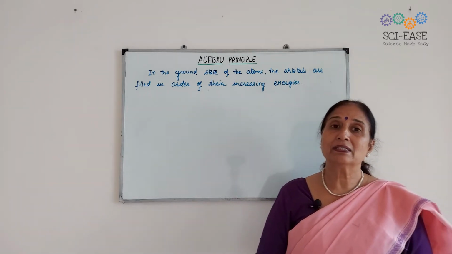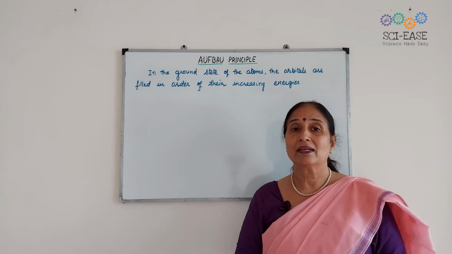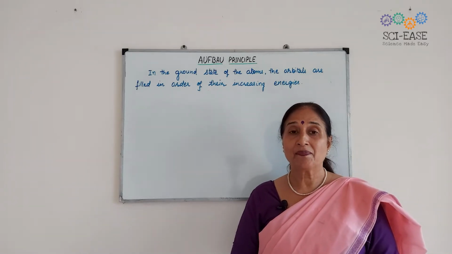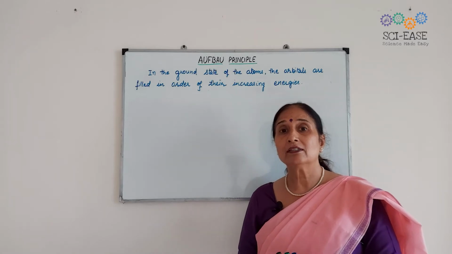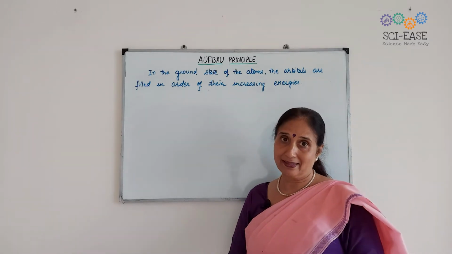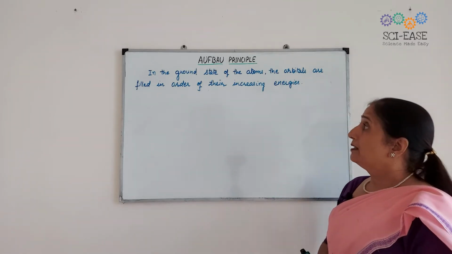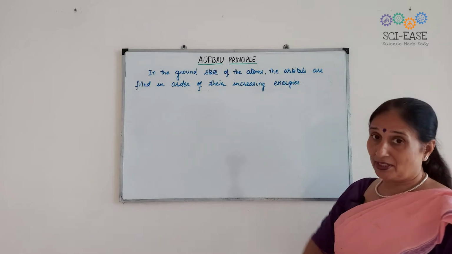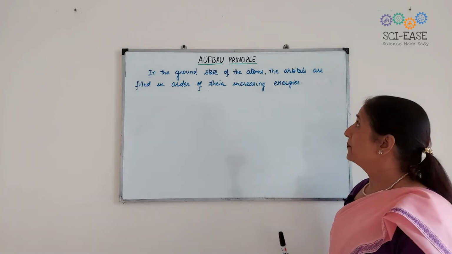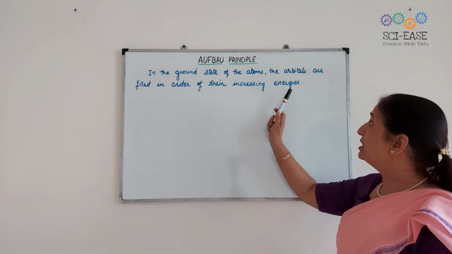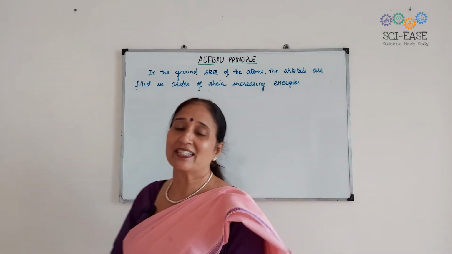The Aufbau principle tells us about the filling of the electrons, how the filling of the electrons takes place in the orbitals. In the ground state of the atoms, the proper definition: the orbitals are filled in order of their increasing energies.